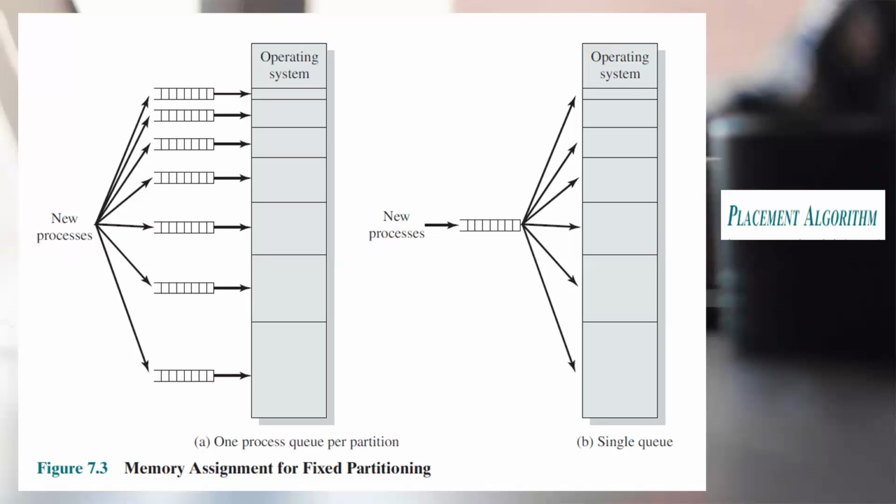If all partitions are occupied, then a swapping decision must be made. Preference might be given to swapping out of the smallest partition that will hold the incoming process. It is also possible to consider other factors such as priority, and a preference for swapping out blocked processes versus ready processes.